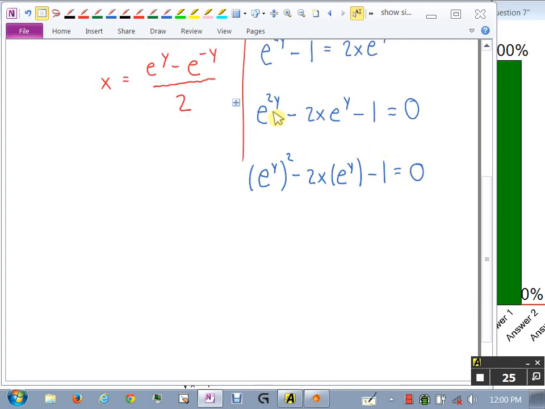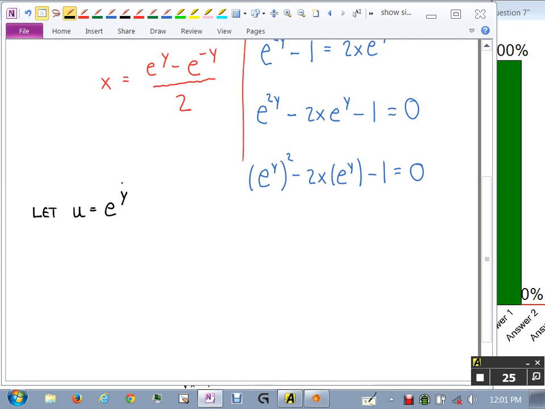Notice that e to the 2y was the same as e to the y squared, right? This right here is e to the y, and over here, we've got a number by itself. So what I'd like to do is make a substitution in the problem. I would like to let u be equal to e to the y, which means I'm going to replace all my e to the y's with u's, but at the end I need to go back and switch. Don't forget we're going to need to go back, right?